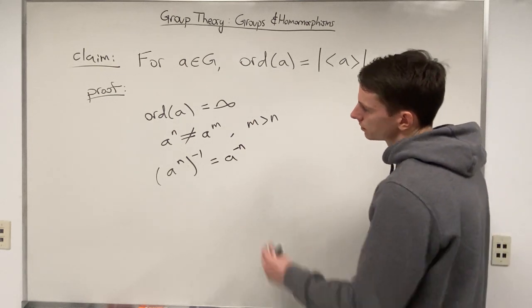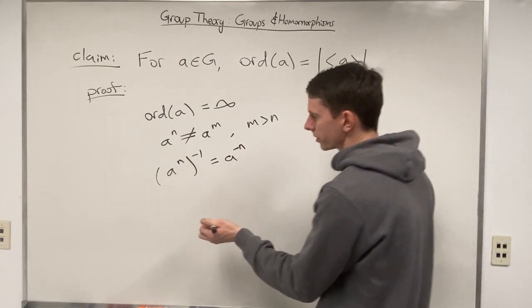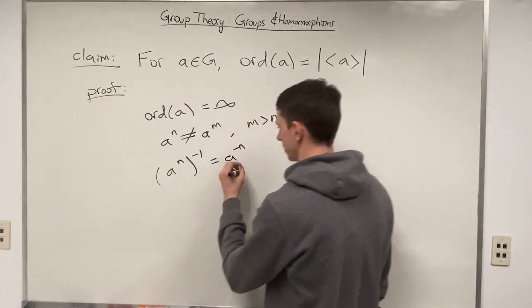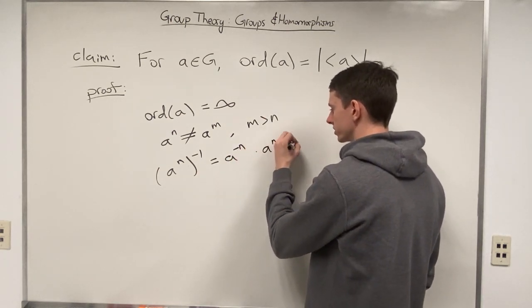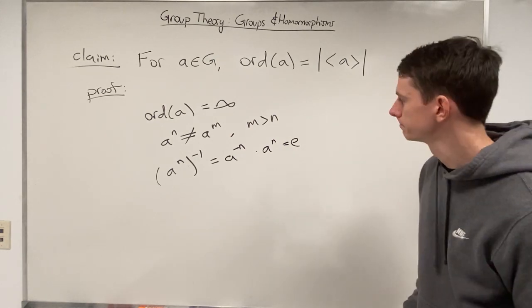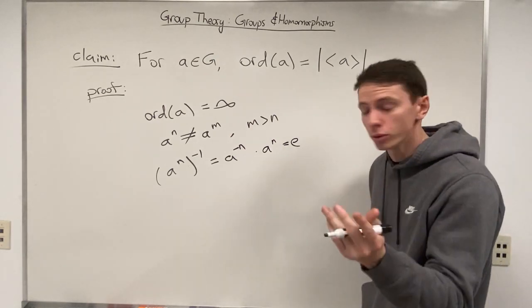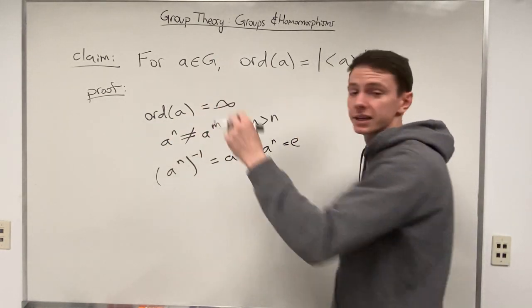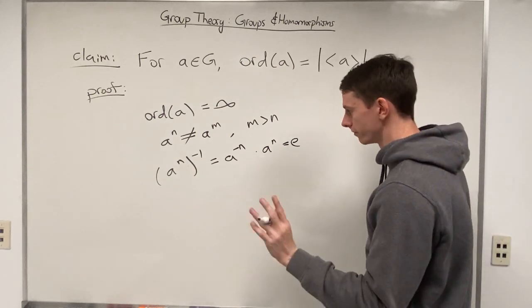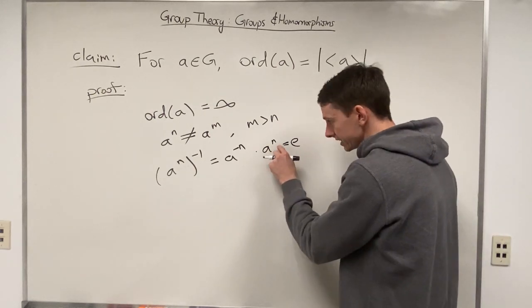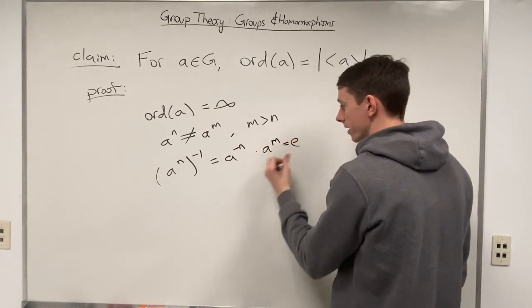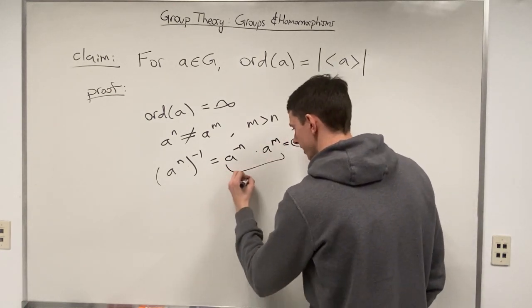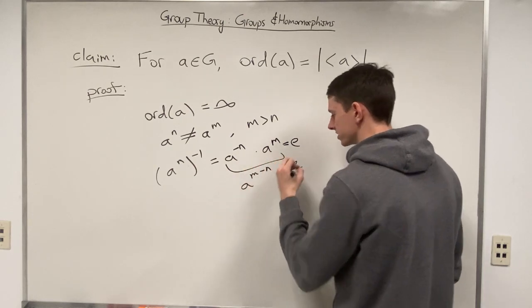And it's going to have the property that a to the minus n times a to the n gives us the identity, right? But if we were to suppose that a to the n is equal to a to the m, they are equal for some value, then I could replace a to the n here with a to the m here. Or in other words, I would get that this quantity, a to the m minus n, gives us the identity.